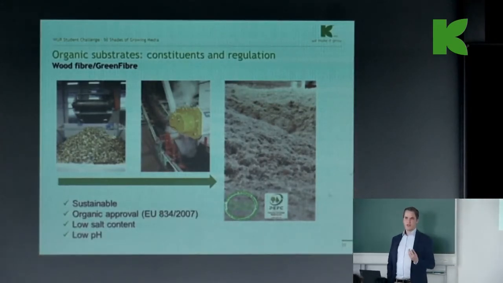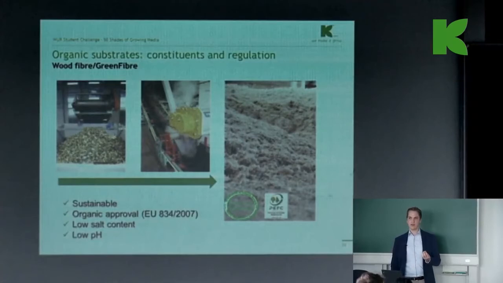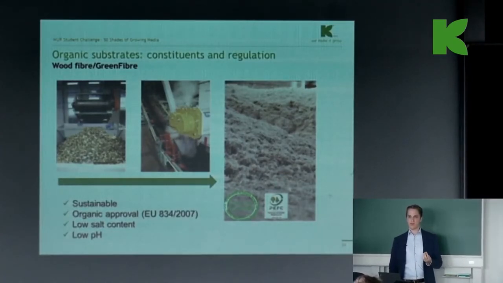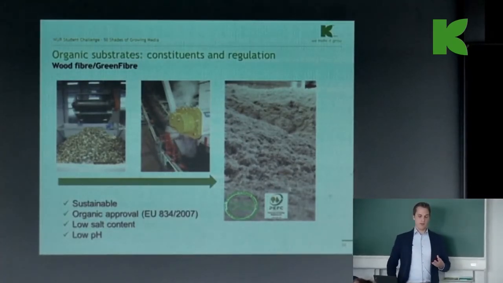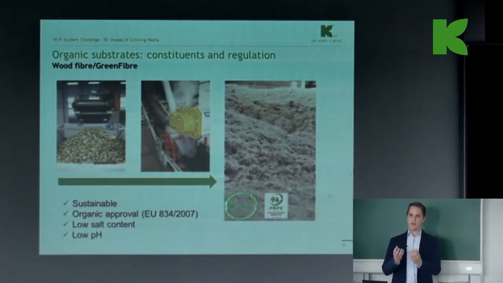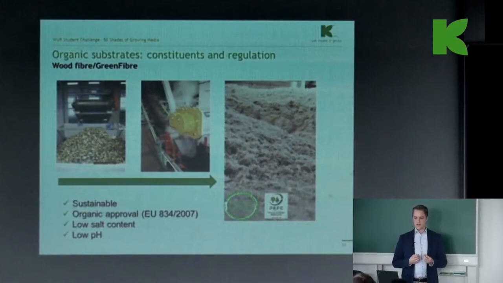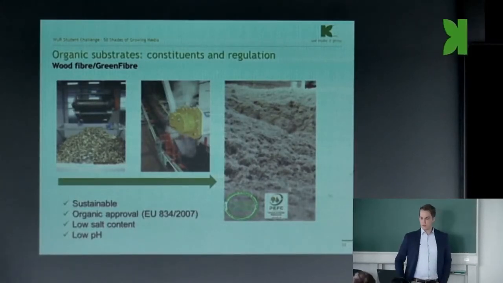The disadvantage is that it doesn't store or absorb so much water like peat does. But if you need a substrate with some good drainage, for example, with a lot of air in it, the addition of wood fiber would be very good. So therefore, we still use it.